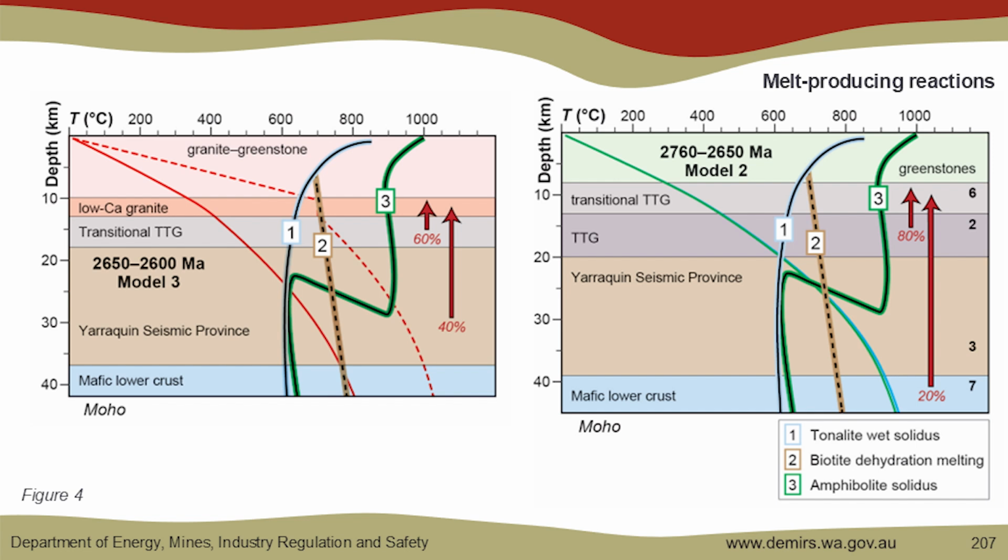And interestingly, if you're looking at that melt reaction 2, the biotite dehydration melting, we're starting to cross that at 10-kilometer depth. So this is entirely consistent with the model that Hugh was talking about, the formation of these lithium-bearing leucogranites. This is consistent with biotite dehydration melting at very shallow levels.